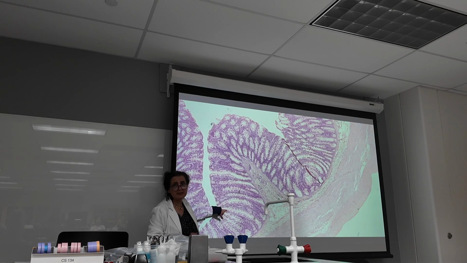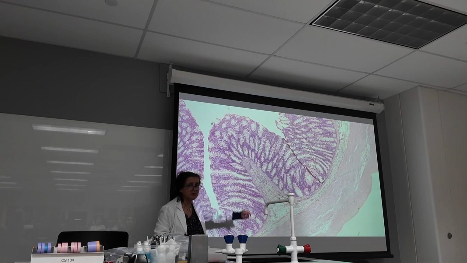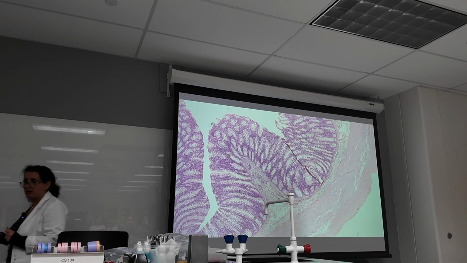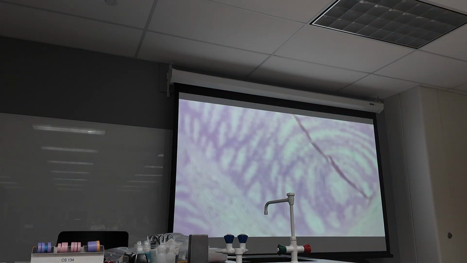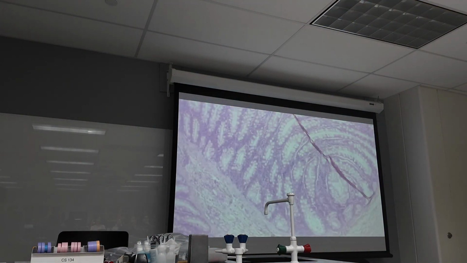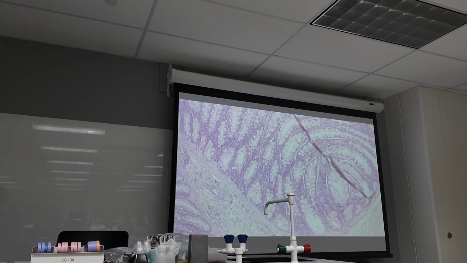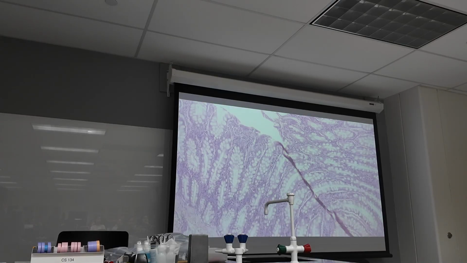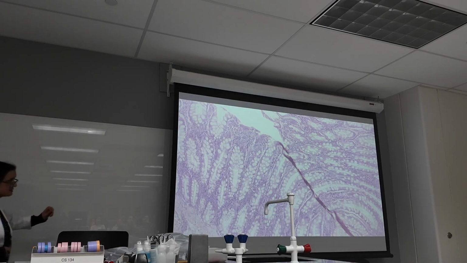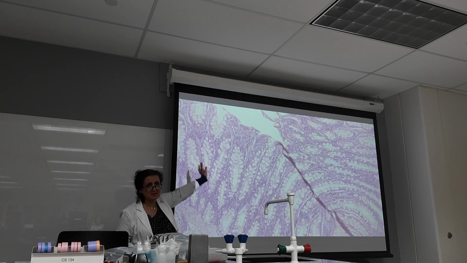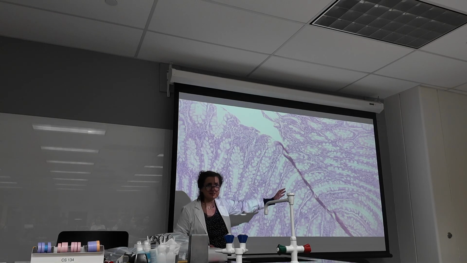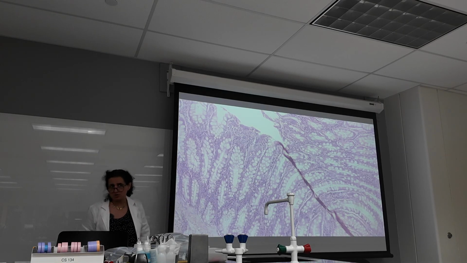We call them goblet cells. Goblet cells are responsible for secreting mucus, right? Let me go to higher magnification to show you better. Do you see the goblet cells? So in any of those slides that you see a lot of goblet cells like this, you are always looking at the large intestine.